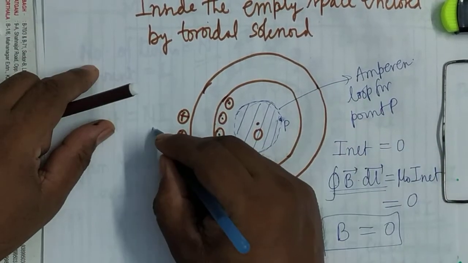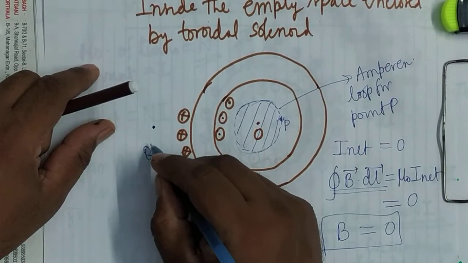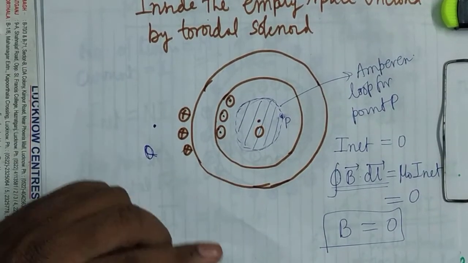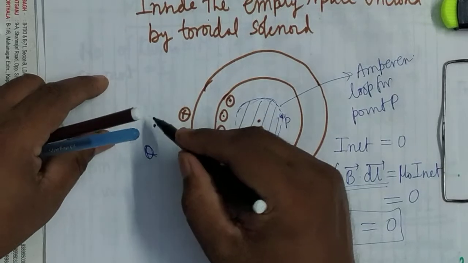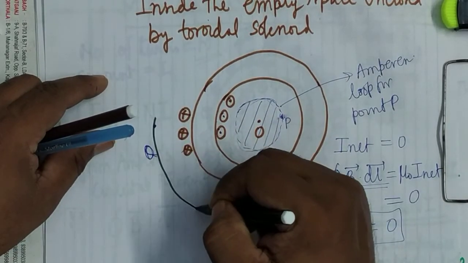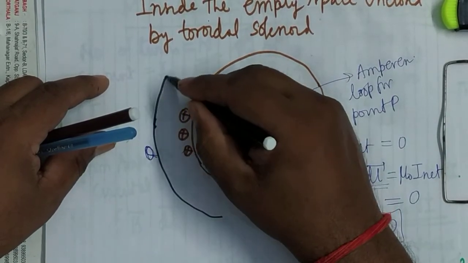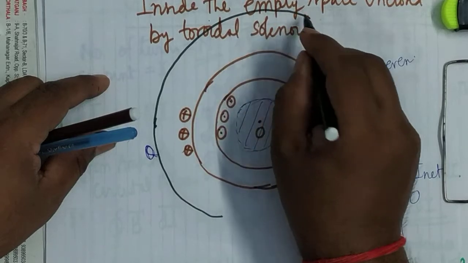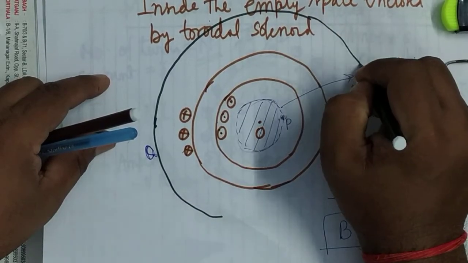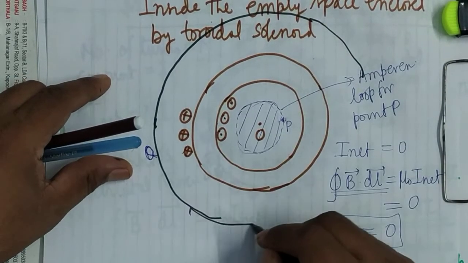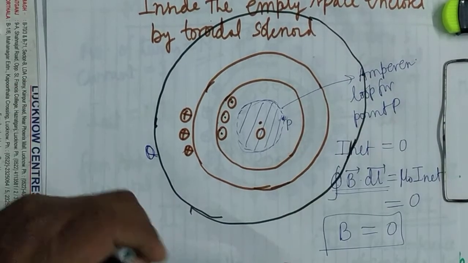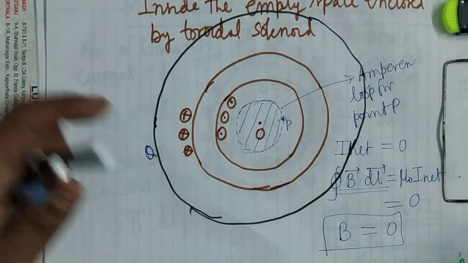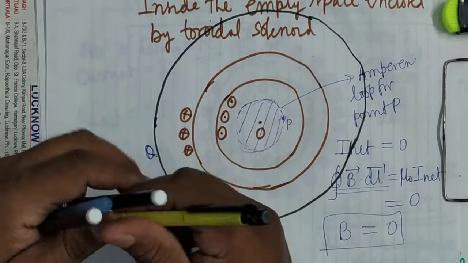Now, if you take some point here, Q, I have taken a point Q. So, now I will take this Amperian loop which passes through the point Q. It's clear. This I have taken because of the symmetry. This will be taken circular. Now, if you see here, how much area is enclosed by this Amperian loop?